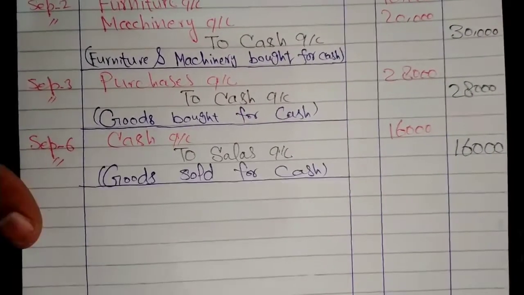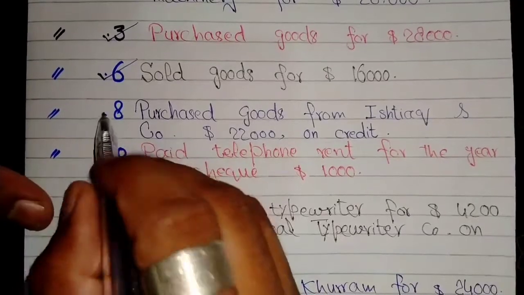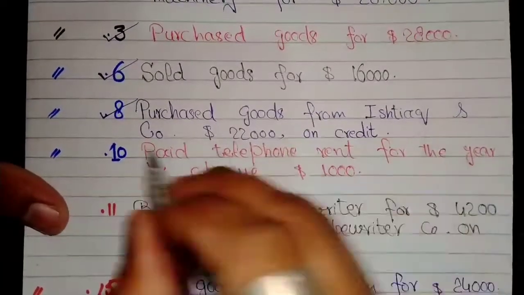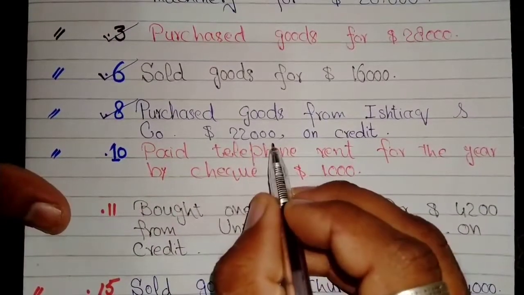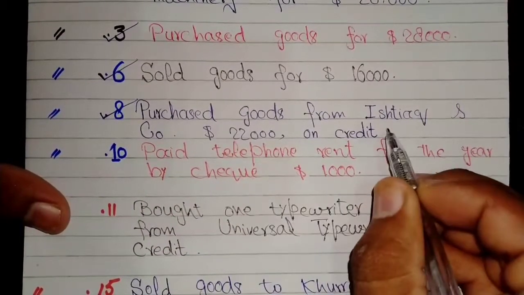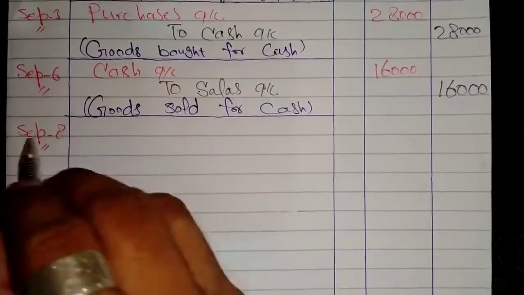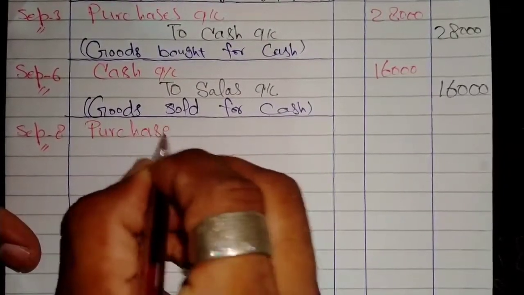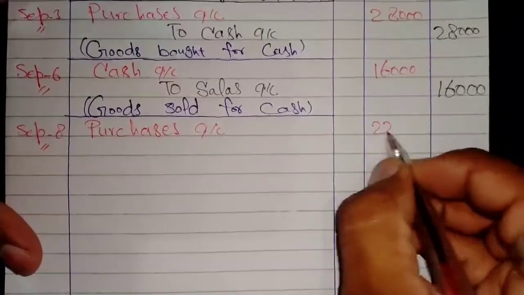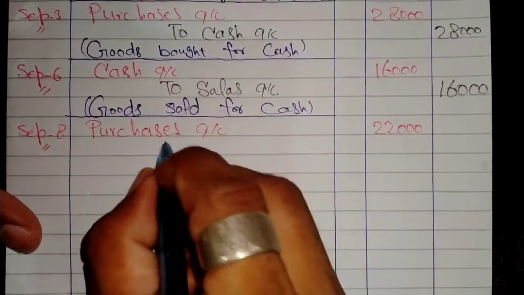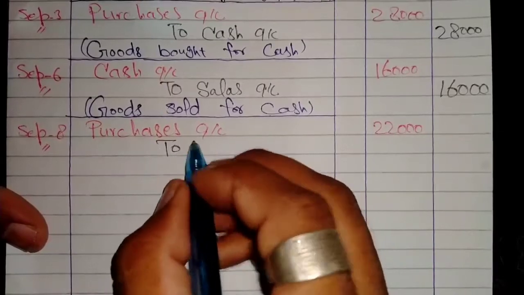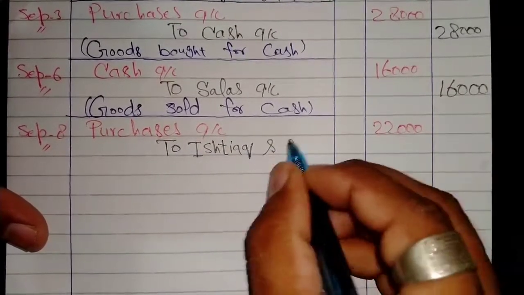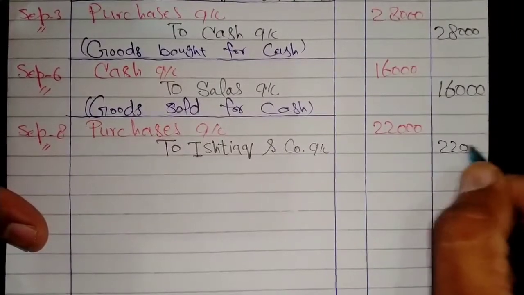Simple as that. Next transaction, held on September 8th: purchased goods from Ishtiaq and Company, amounting to $22,000 on credit or on account basis. So the entry will be on September 8th 2005, purchases account debit with amount $22,000 to Ishtiaq and Company account credit in amount $22,000.